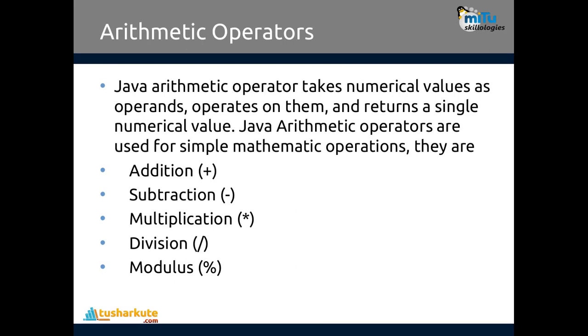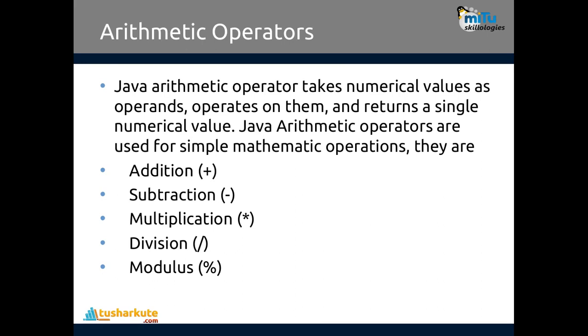The modulus operator is there. Their symbols give the meaning: for addition, plus is used; subtraction, minus; multiplication, the asterisk; slash is for division; and the modulus is used to find the remainder of the division operation. So it's a very useful operator also, along with all the other four.